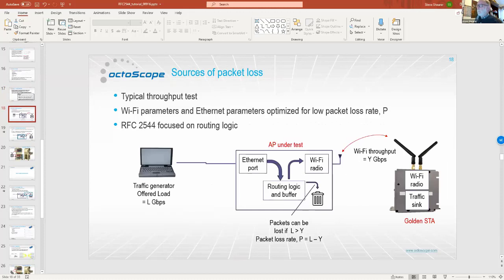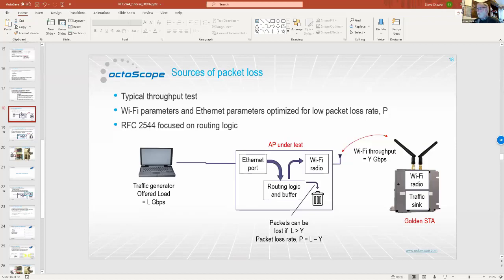Let's look at how packets can be lost in the system. In this case, for 2544, we're really focused on this routing logic. The routing logic, as Fanny explained, has lookup tables, it has buffers, and there's computation that needs to happen in there. That's the thing that we want to check out.